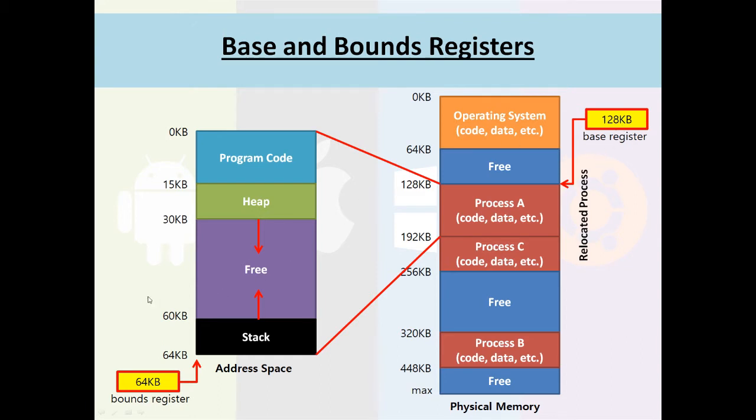And we have the complementary register, the bounds register, which stores the last address, or basically the size of the process in address space. This process starts at 0 and ends at 64, so the bounds register is 64. We utilize both of these registers in order to do address translation.